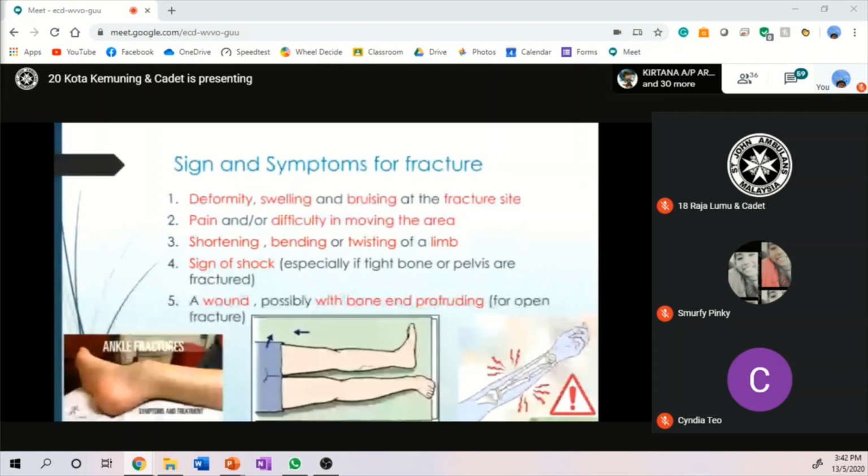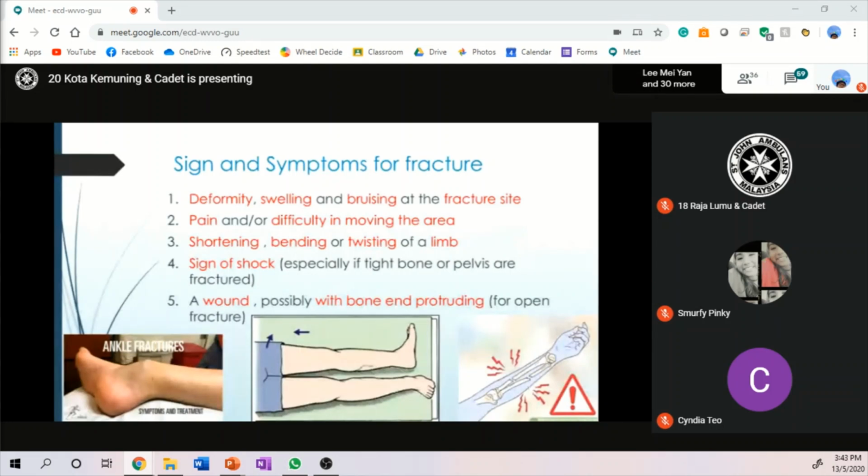Swelling is like when your leg is fractured and suddenly becomes fatter. And bruising is at the fracture site. Of course, the casualty will feel pain, and there will be difficulty moving the fracture site.